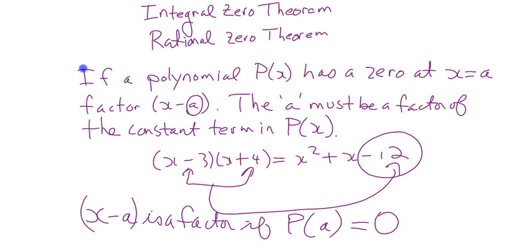If we want to say this polynomial has an integral 0, and there's no guarantee that it does, but if it does have a 0 which is an integer value, then that value has to be a factor of that constant term. Okay? So let's try one.